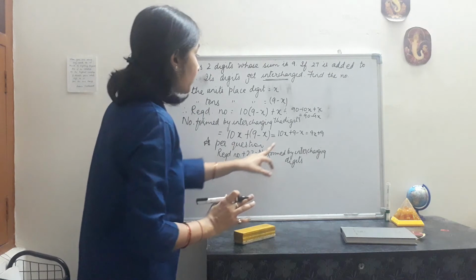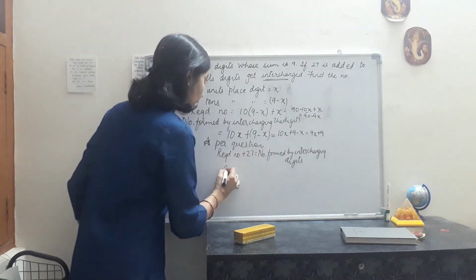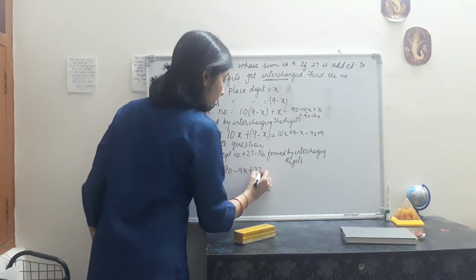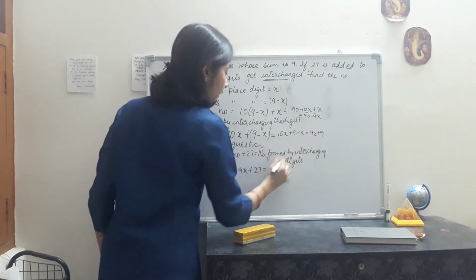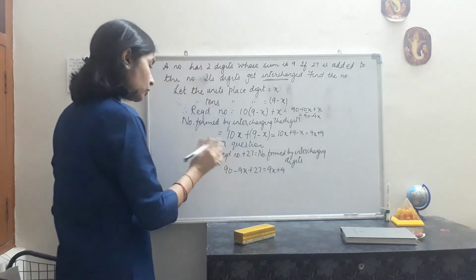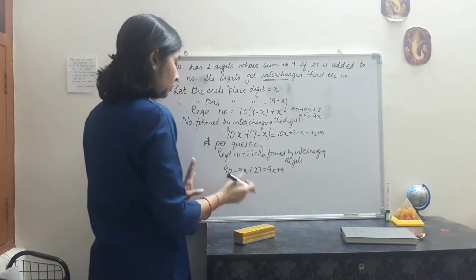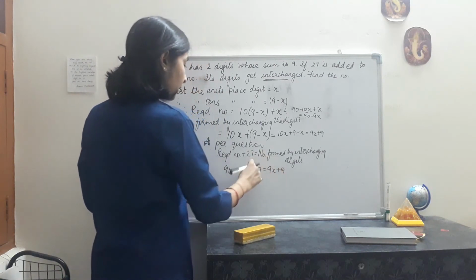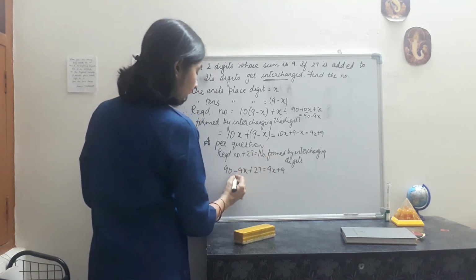Now the required number plus 27. The required number is 90 minus 9x, plus 27, is equal to the next number that is formed, 9x plus 9. Now solving this equation, bringing the like terms on the same side. 90 plus 27 are like terms, and we will bring this 9 here, and take this 9x to the other side.